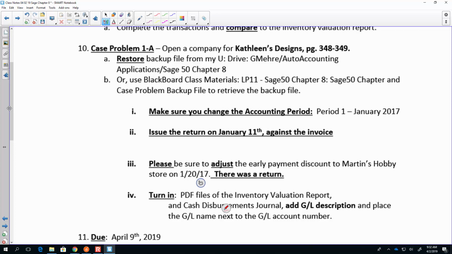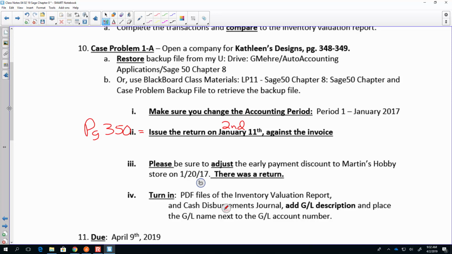The thing I want you to do for me on page 350, if you could turn there, please. On January 11th, the second one, not the first one, I would like you to issue a credit memo, or excuse me, a debit memo against the invoice.